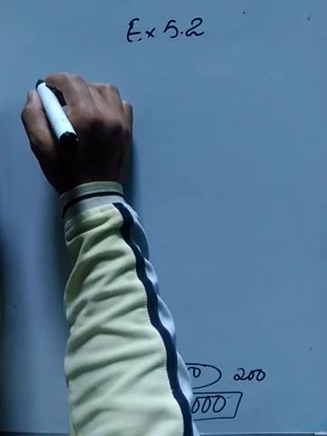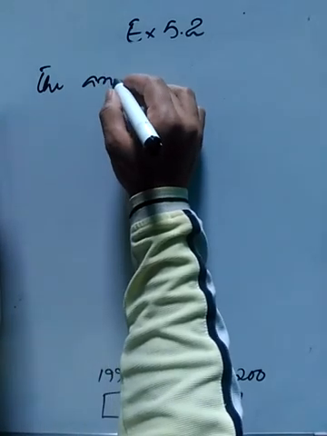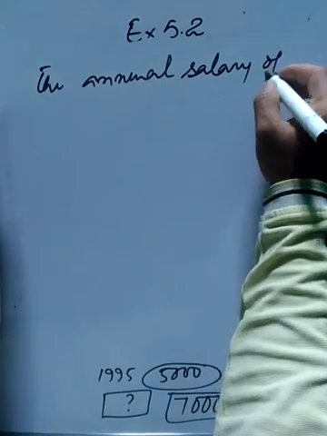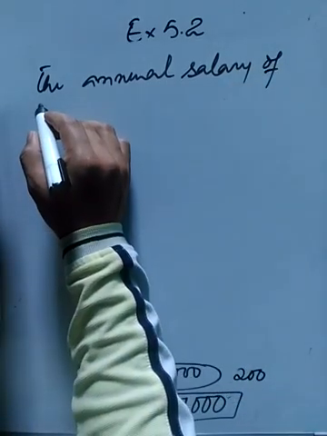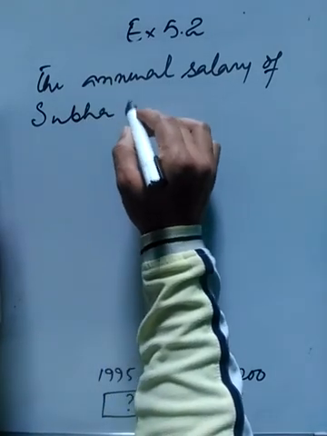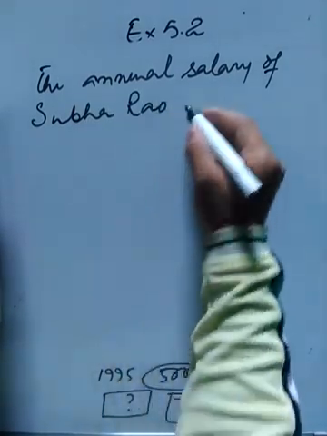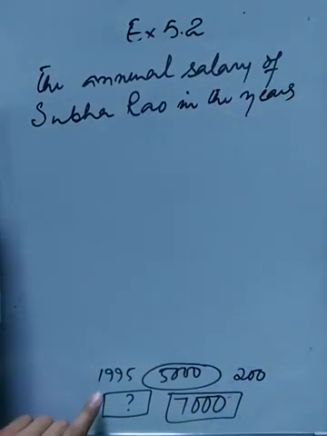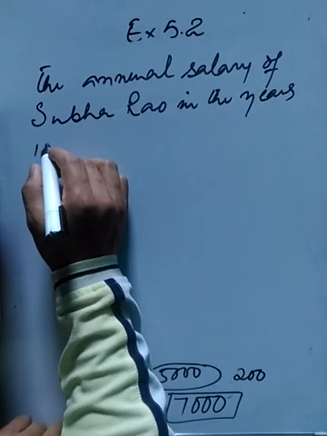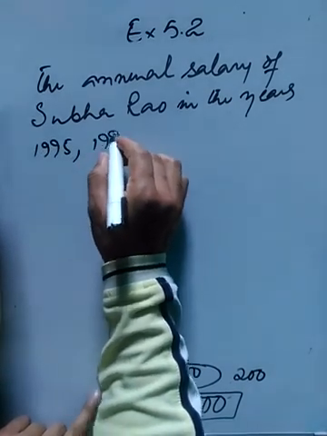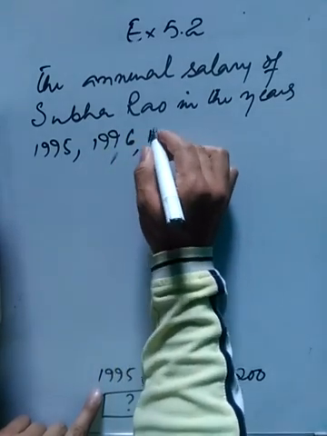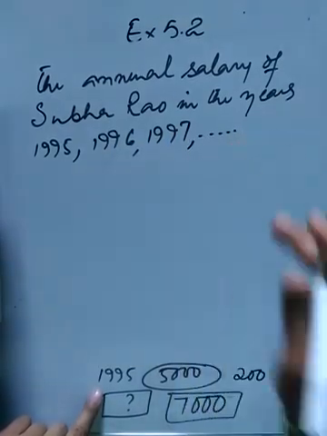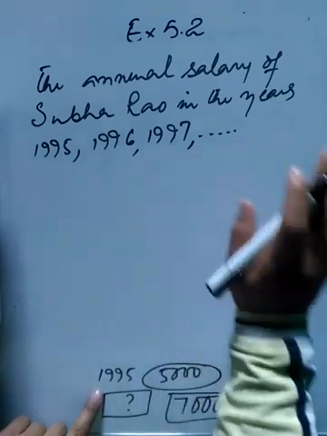So let me write now the annual salary of Subha Rao, in the years he started his work in 1995. So 1995, 1996, 1997. I don't know when he retired actually, so let me just write in this way.